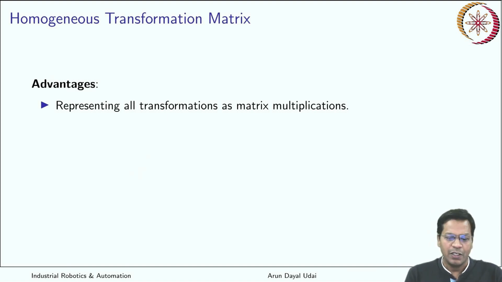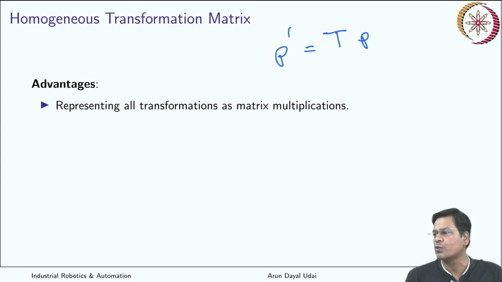It can represent all the transformation as a matrix multiplication. If a transformation matrix is applied on a point, it can transform this point to a new point. So this is the transformation operator applied on a point, sometimes applied on a frame also.